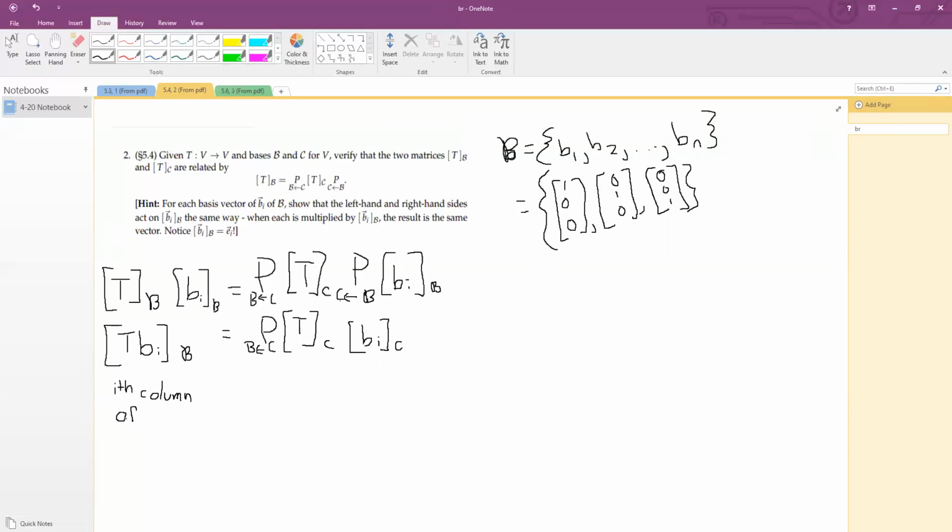So this is the ith column of T, and more specifically, this is the ith column of T B.